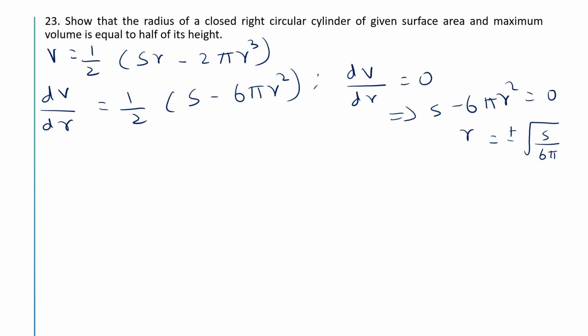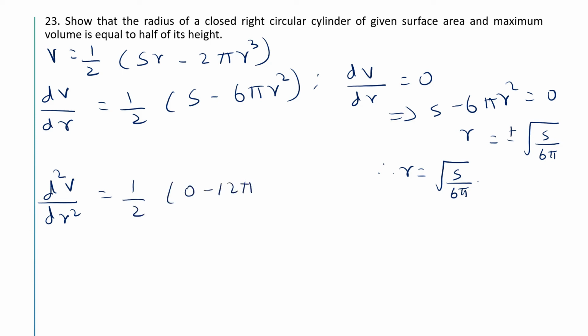We cannot take minus root of S by 6 pi because the radius cannot be negative. Therefore, r is equal to root of S by 6 pi. Now let us find d square V by dr square. It is equal to half into 0 minus 12 pi r.